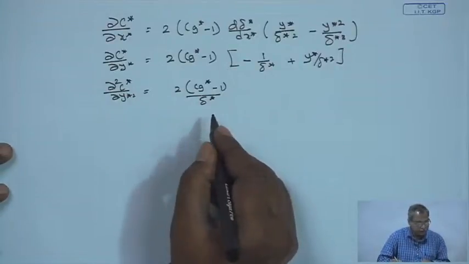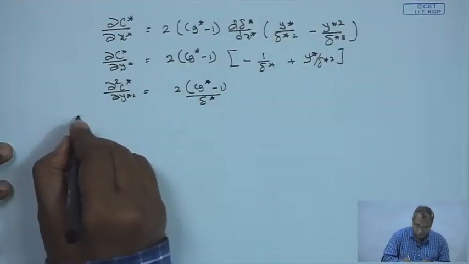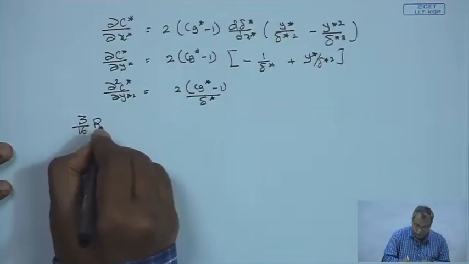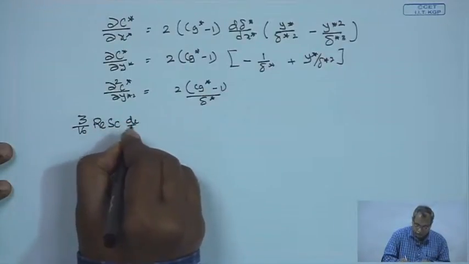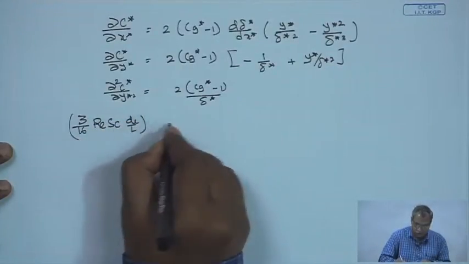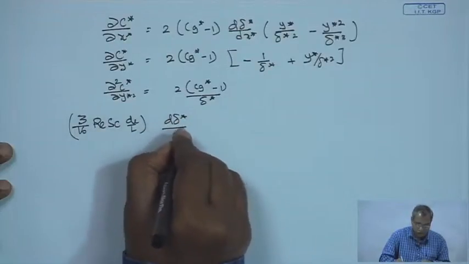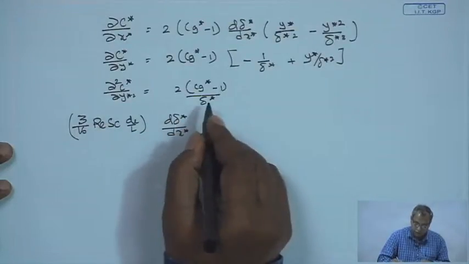Now, we substitute all these derivatives in the governing equation and see what you get. 3 by 16 Reynolds Schmidt d by L d delta star dx star. The reason y star should have been multiplied with that.